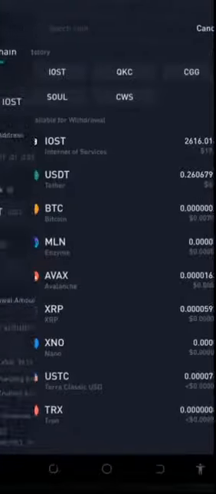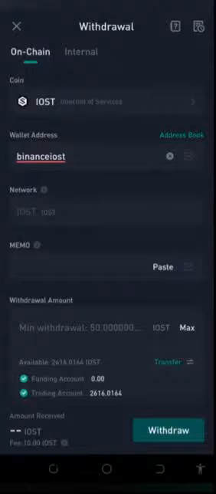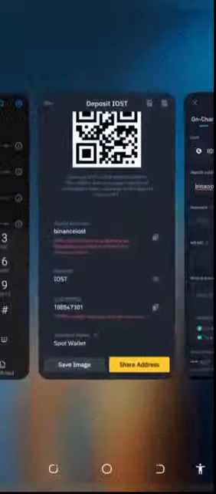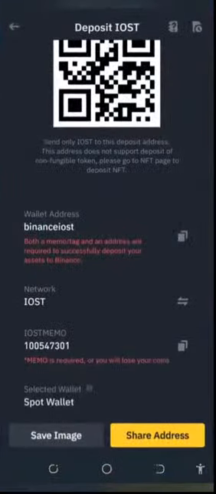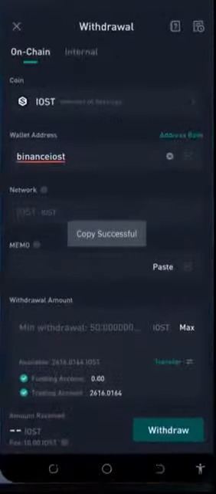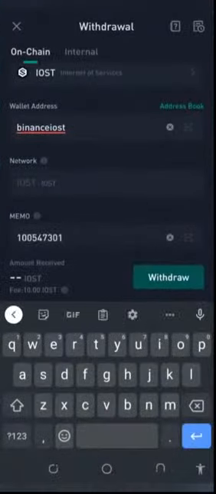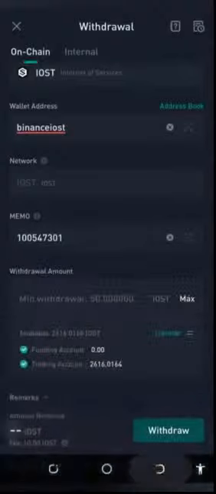Okay, what am I doing? Okay, it looks like it's right. Binance IOST. Then we get the memo. Where's the memo? IOST memo. All right, so we get the memo, get back in there, and we paste the memo. Good. So it looks like everything is going on well.